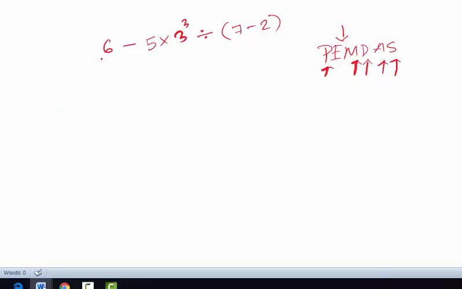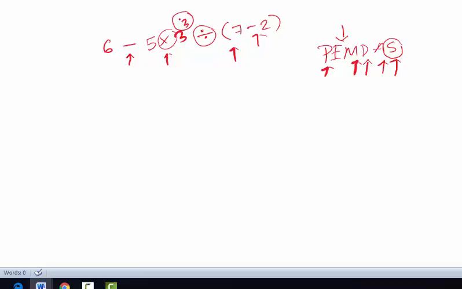Now look at this. This is a subtraction symbol, and here subtraction is last. We have division, parentheses, multiplication, and also an exponent.